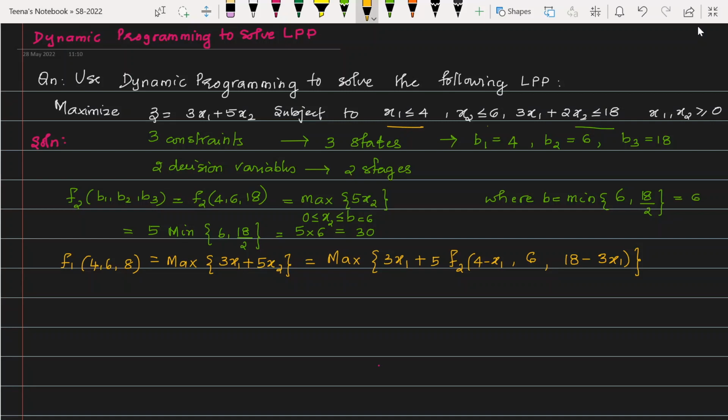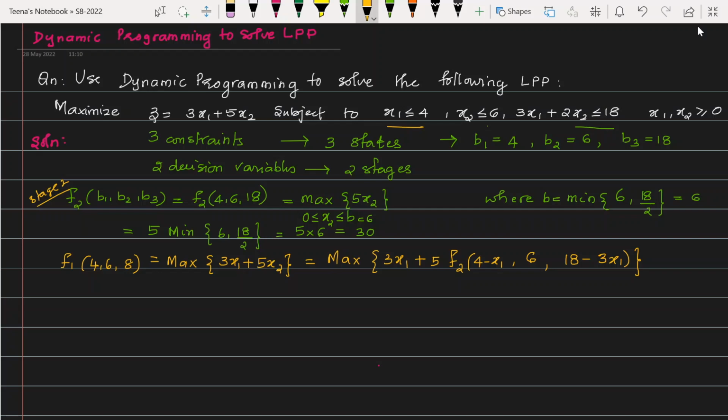Okay. So we will write 5x2 as 5 into f2, because the decision variable x2 is dealt with in the previous stage number 2, which is actually considered first, and from there x2 can be represented in terms of f2.